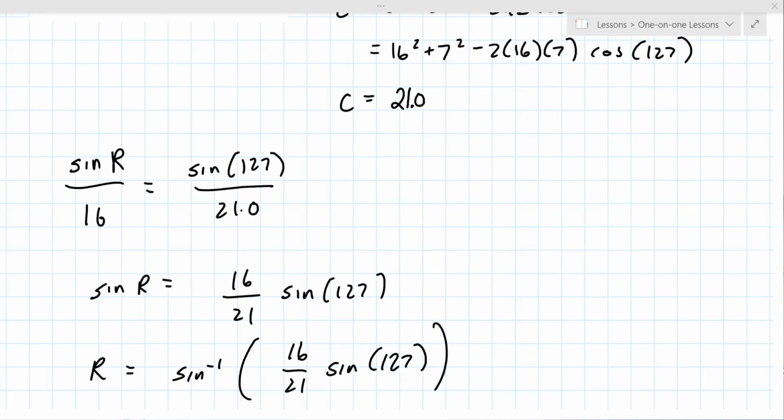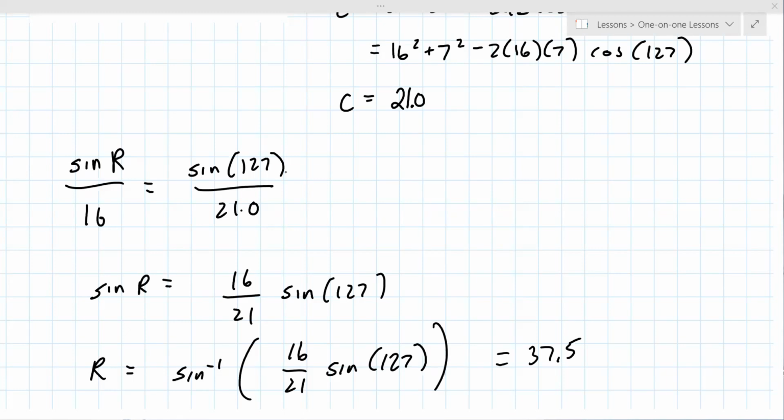All right, 37.47. All right, 37.5, and then to find the other angle, you subtract the other two angles from 180.